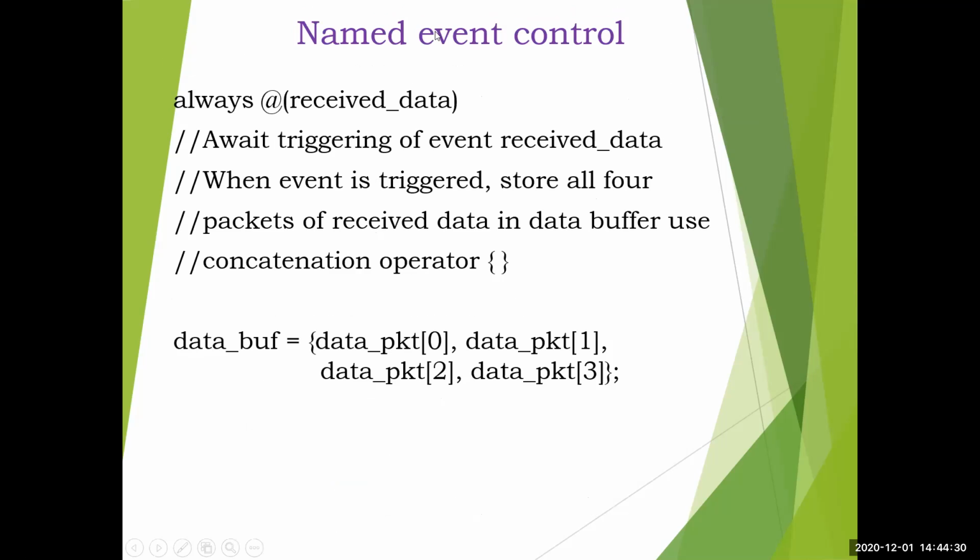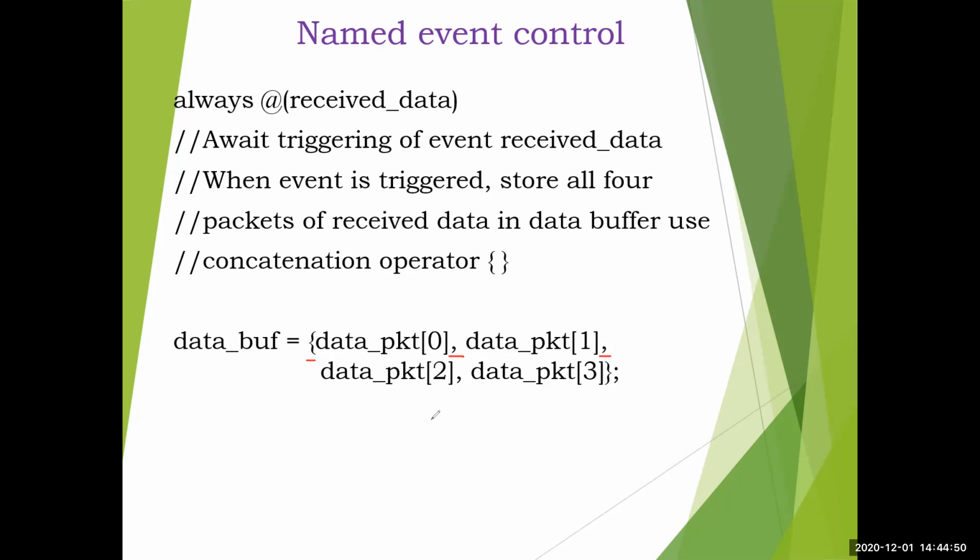Similarly, one more example. This is the 4 MB data example I told you about. Wait for triggering of the event received_data. When the event is triggered in the previous block, it will store all 4 packets of received data in the data buffer. Use the concatenation operator: this is the concatenation operator here, curly brackets with commas in between.